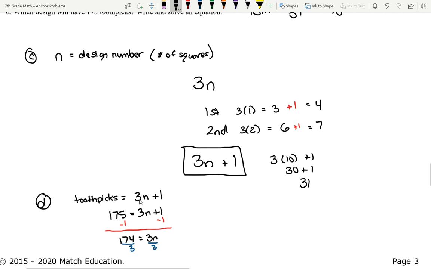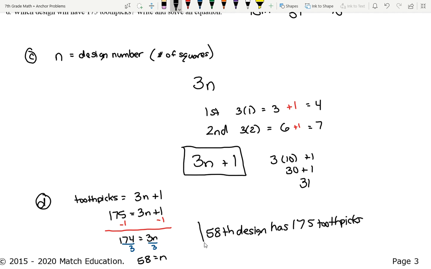And 174 divided by 3 is 58 equals n. So the 58th design has 175 toothpicks.